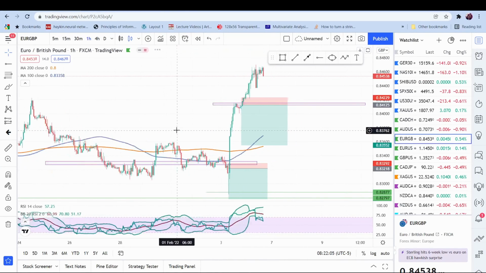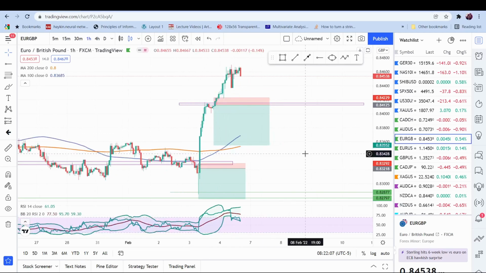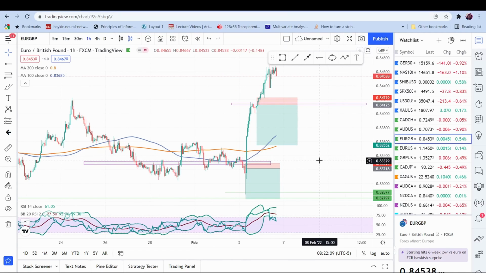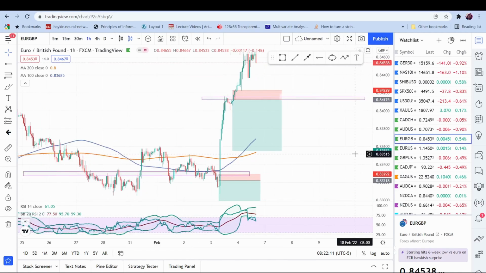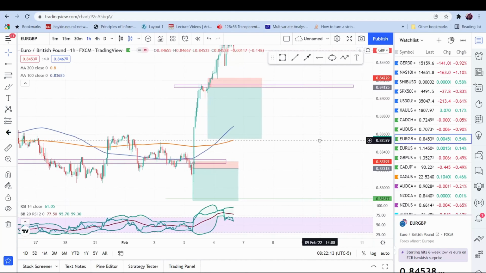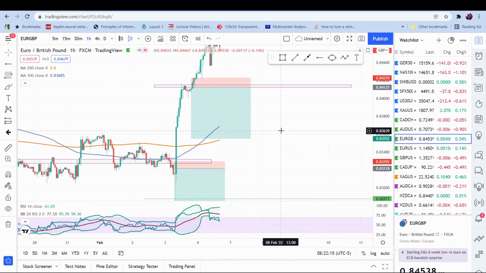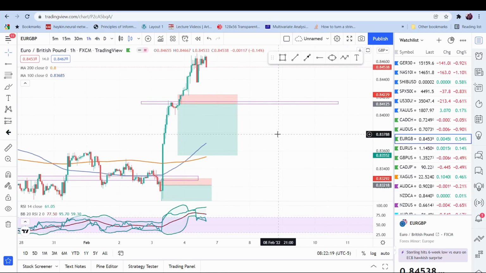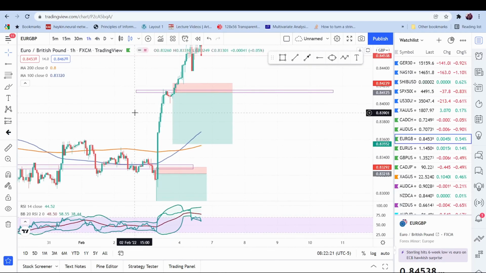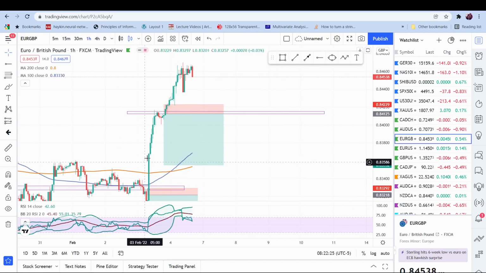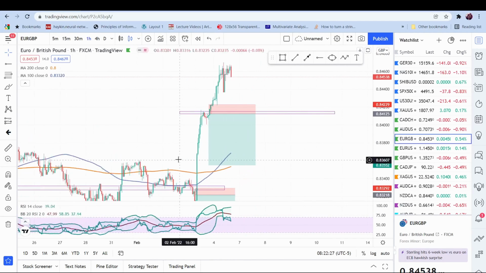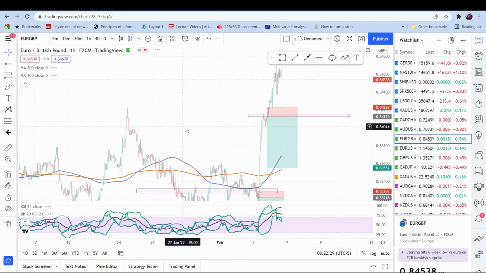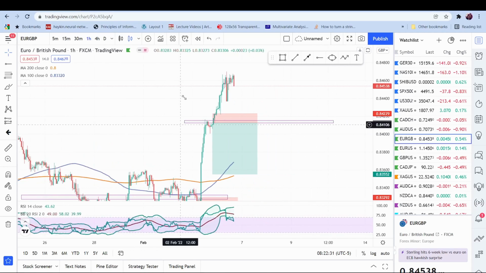As you know, the euro has been more lax with their monetary policy statements and their stance on their monetary policies. So when we did have this sort of news event, it was highly impacting on the euro itself. You see price just rocketed afterwards and continued moving up as things look a little bit more optimistic for the euro.